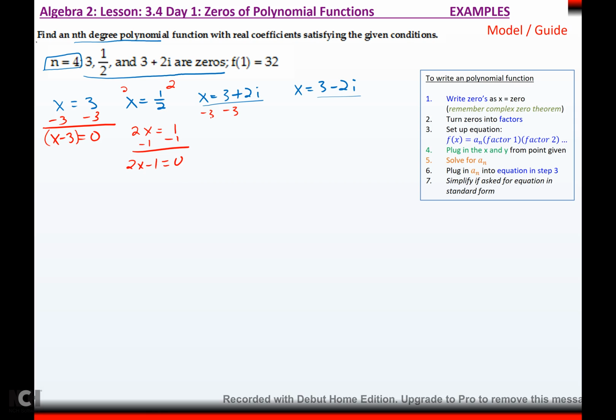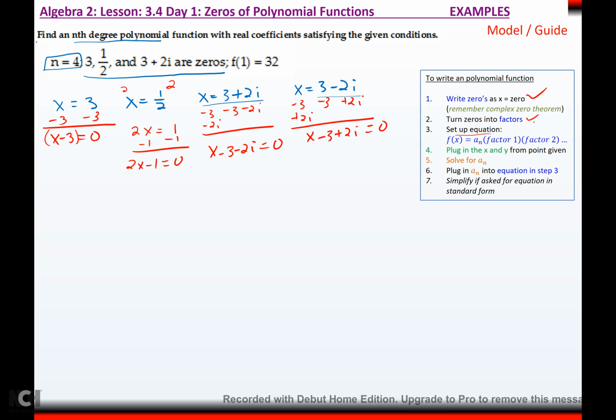Minus 3, minus 2i, I get x minus 3 minus 2i equals 0. Minus 3, add 2i, I get x minus 3 plus 2i equals 0. So I wrote my zeros and then I turned them into factors.